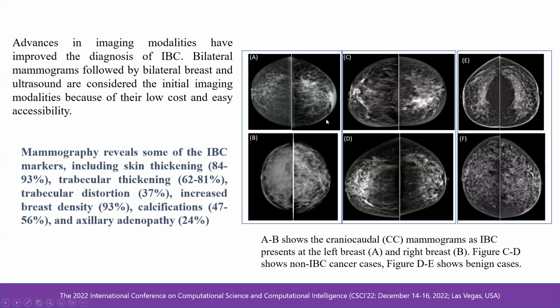We can see the nipple inversion and skin thickening, and also, compared to the other breast, the breast with IBC has higher density. We can see similar characteristics in figure B. Figures C and D are representing non-IBC cancer cases, and figures E and F are showing benign cases.